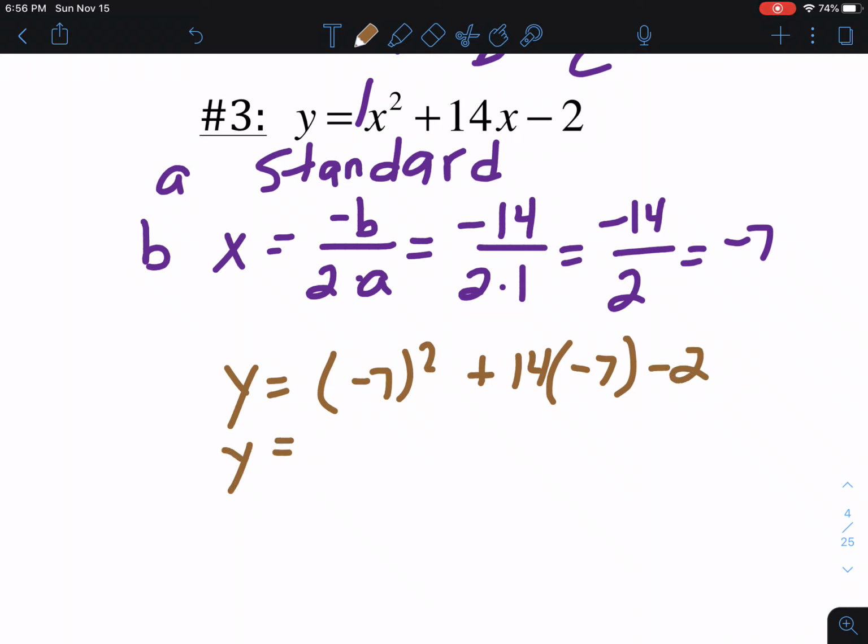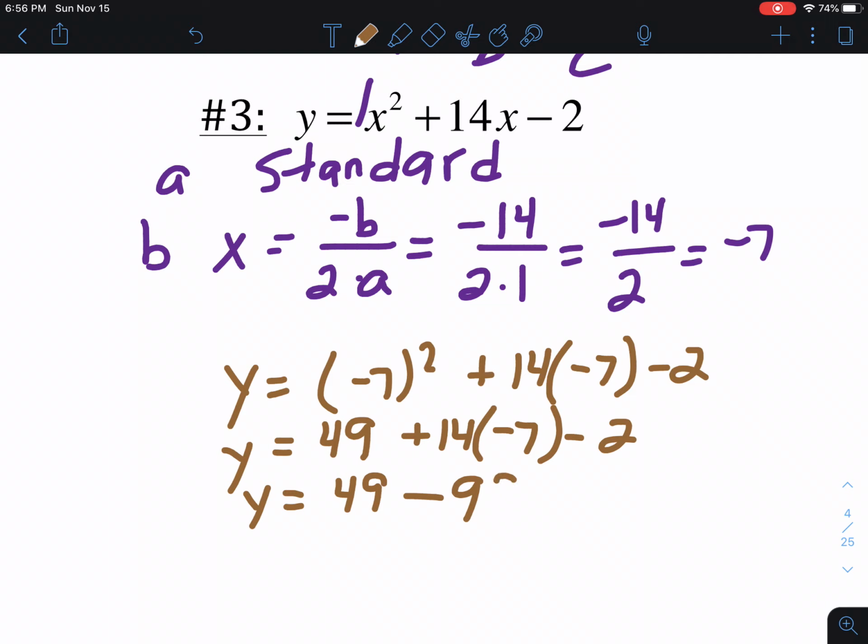All right, let's do our exponent first. And then we can multiply. Minus 98, and then we can add. That would be negative 49 minus 2 is negative 51.